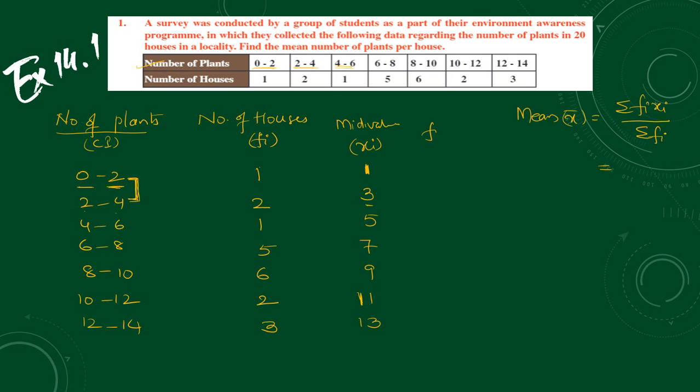The fourth column is Fi into Xi, directly multiplying these two columns. 1 1 is 1, 2 3s are 6, 1 5 is 5, 7 5s are 35, 6 9s are 54, 11 2s are 22, 13 3s are 39. If you add all these, I will have summation of Fi Xi.